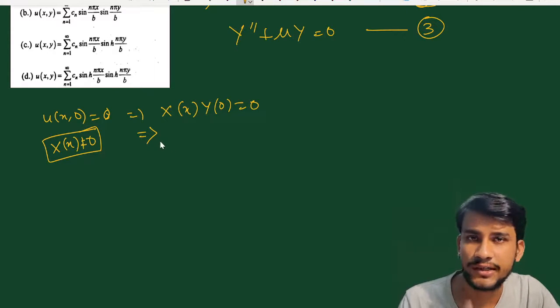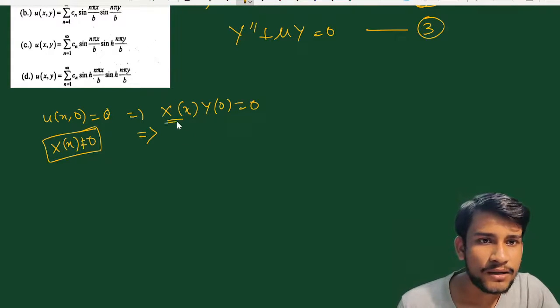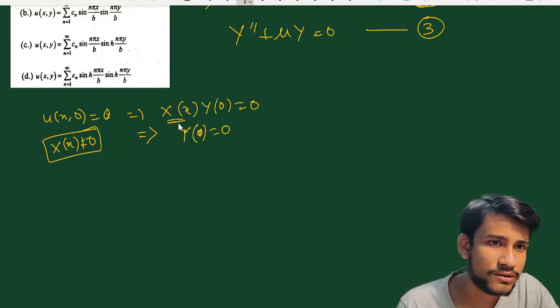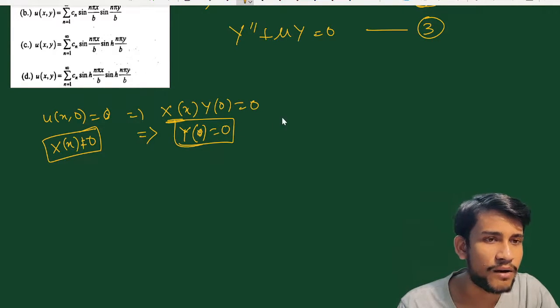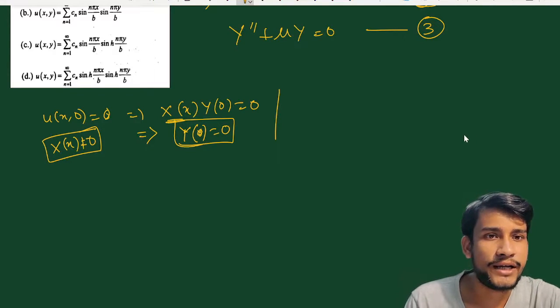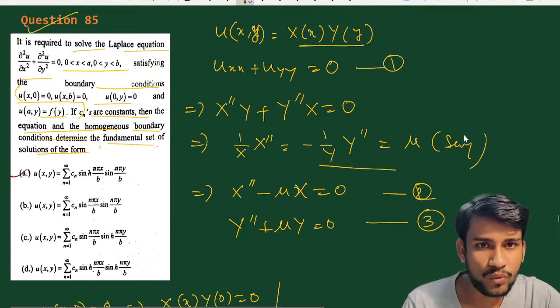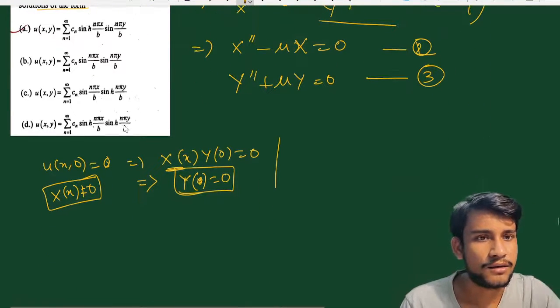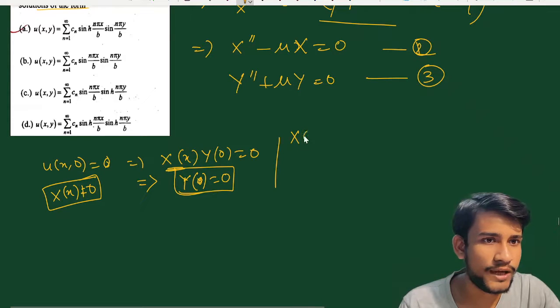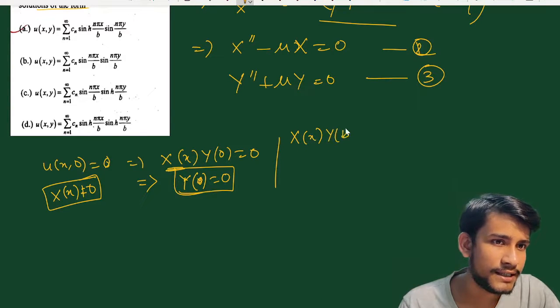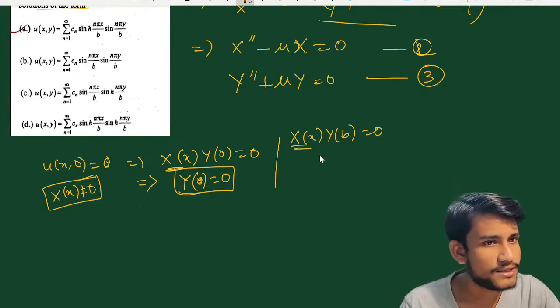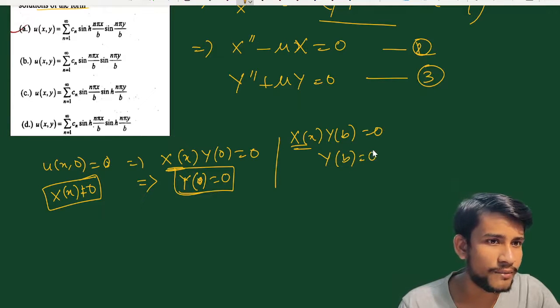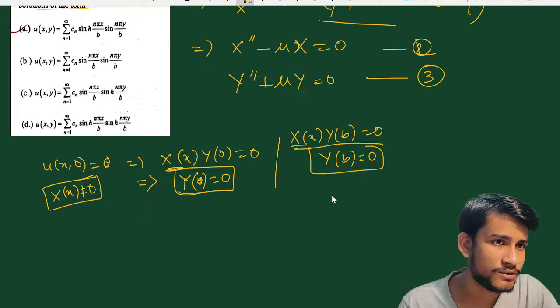We are interested in the non-trivial solution, that's why this term is not equal to 0. So Y(0) is equal to 0. This is one boundary condition. And again if we take the other one, देखो u(x,b), from here we get u(x,b) equal to 0, so X(x) into Y(b) is equal to 0, and X is not equal to 0, so Y(b) is equal to 0. This is again another boundary condition.